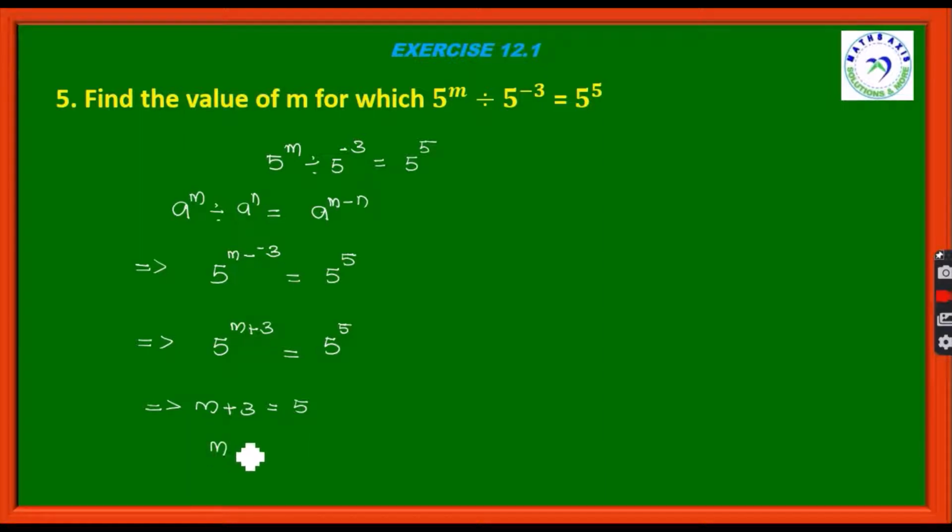From here, m is equal to 5 minus 3, which is 2. Therefore, the value of m is equal to 2. Hence, it is completed.